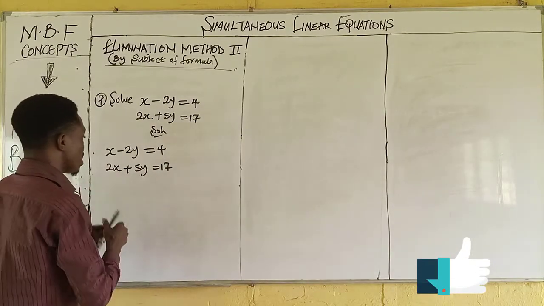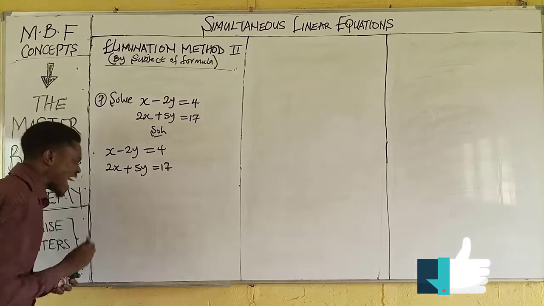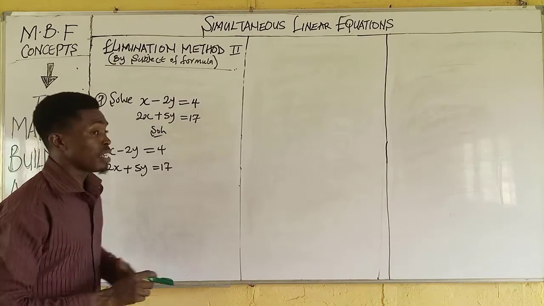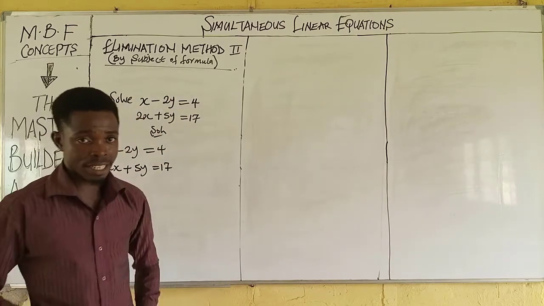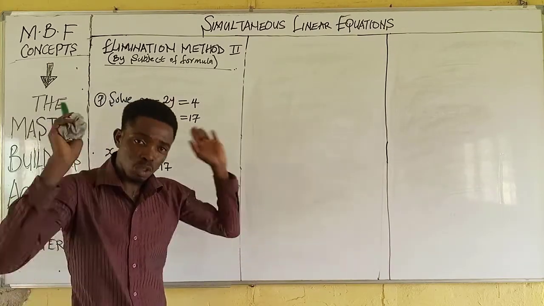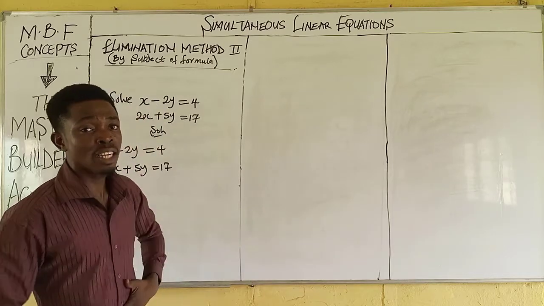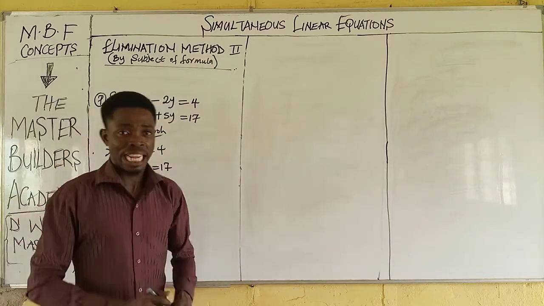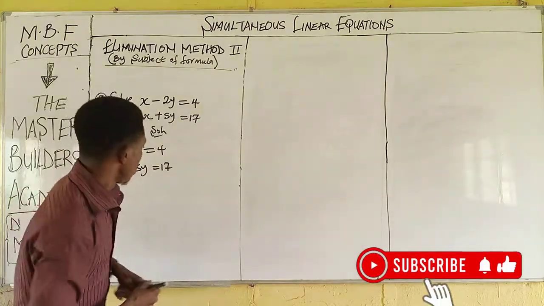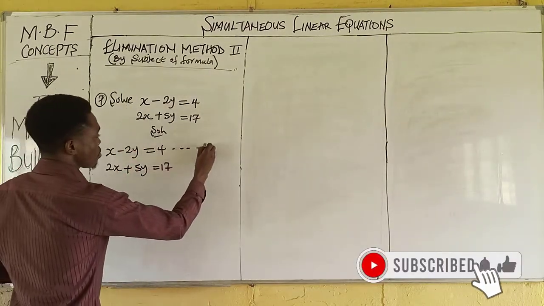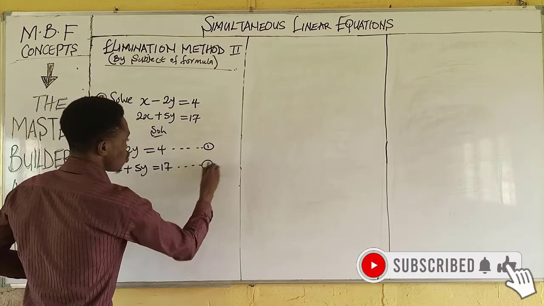All we simply do here, guys, is to decide on the variable that I want to eliminate. So now I want to eliminate x. Yes, I want to eliminate x. Since I've already decided to eliminate x, I will make x the subject of formula from both equations. I will call this equation 1 and this equation 2, which are the given equations.